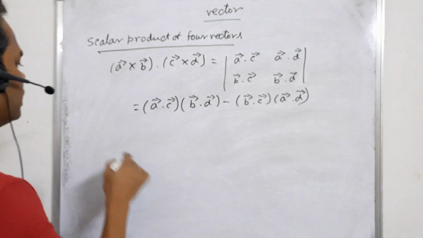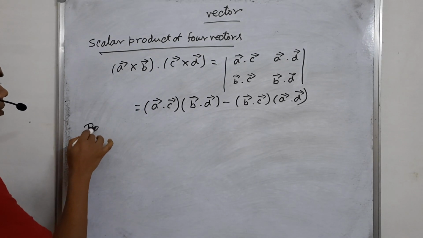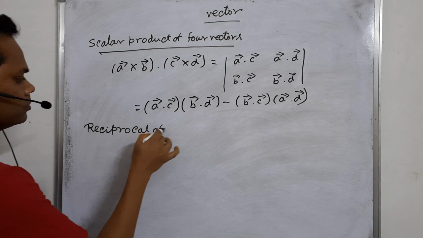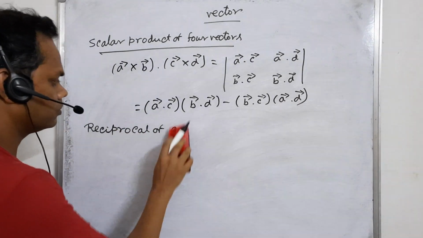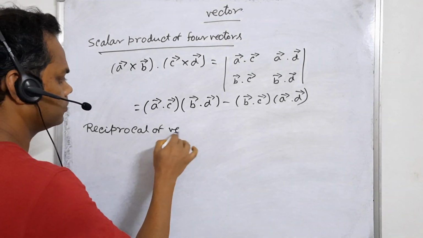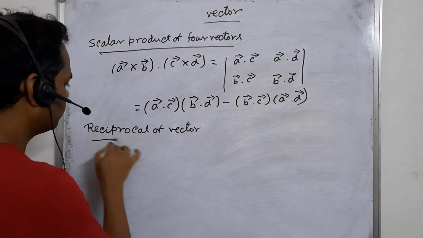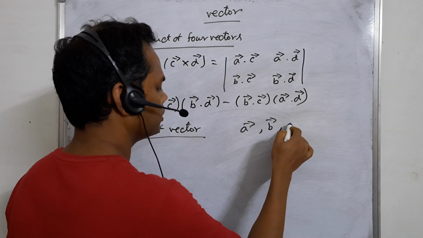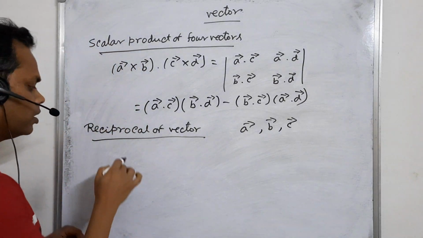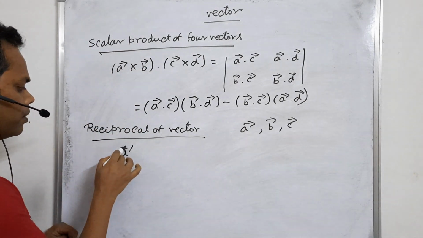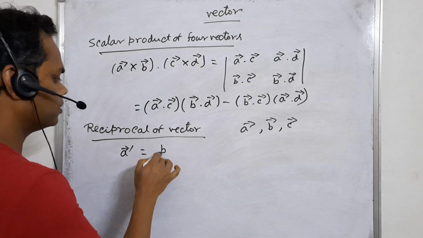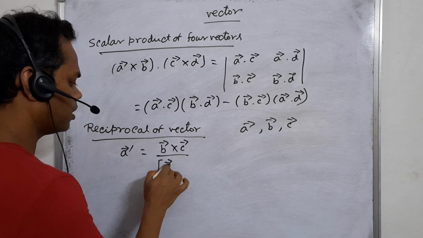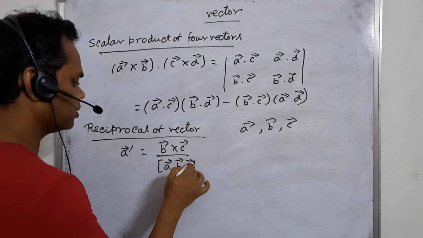And last of them, the reciprocal of a vector. What is the reciprocal of a vector? If there are three vectors, A vector, B vector and C vector, then the reciprocal of A vector is A prime, which is B vector cross C vector by box A vector, B vector, C vector.